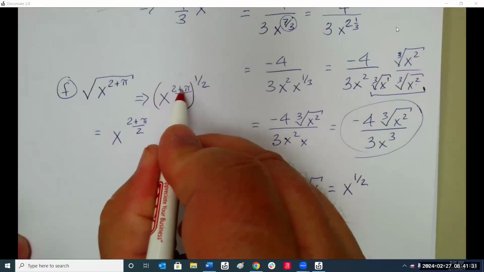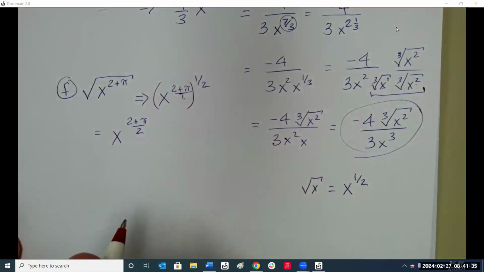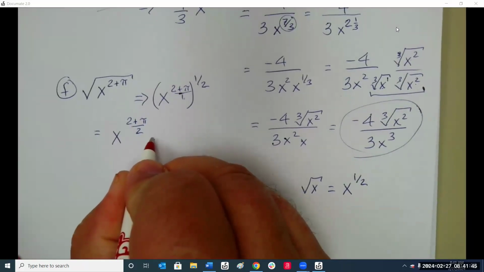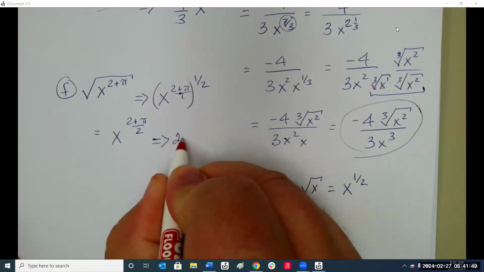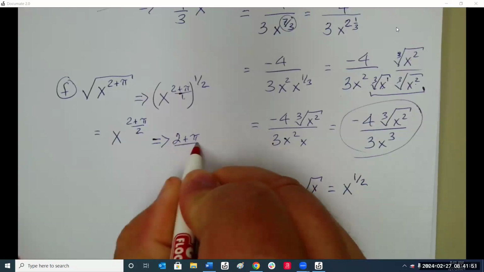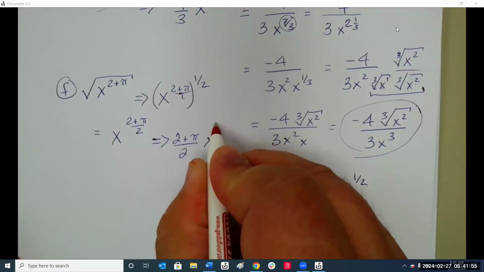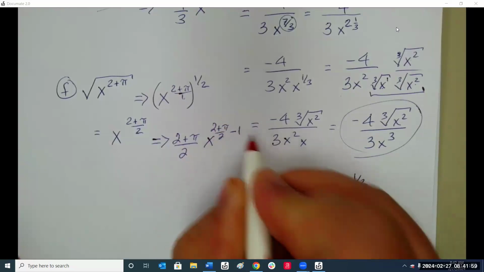So 2 plus pi times 1 is 2 plus pi. 1 times 2 is 2. Now we can take the derivative of it. 2 plus pi over 2, 2 plus pi over 2 minus 1.